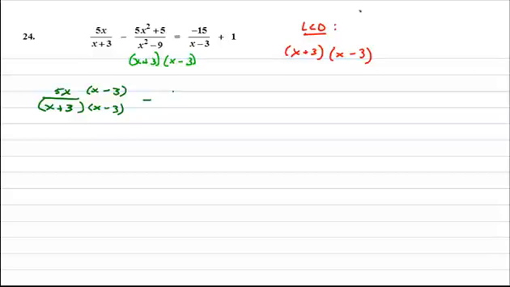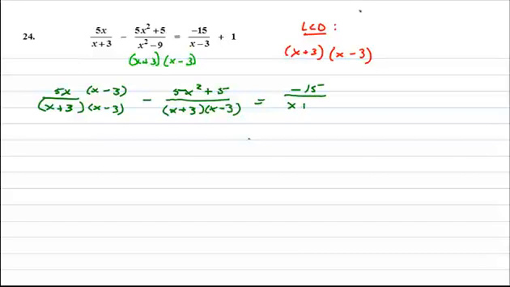The second term, well, the LCD is the denominator, so we are not missing any factors. In the next term, we are missing the factor of x.